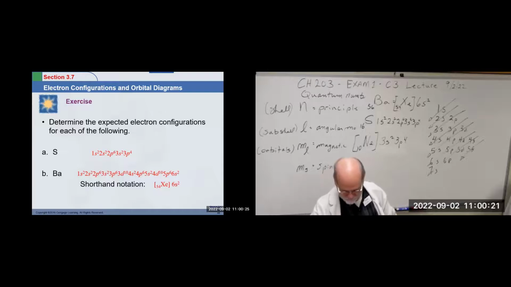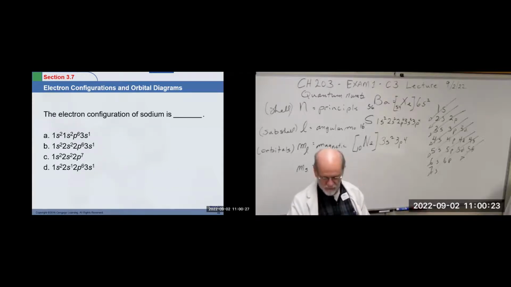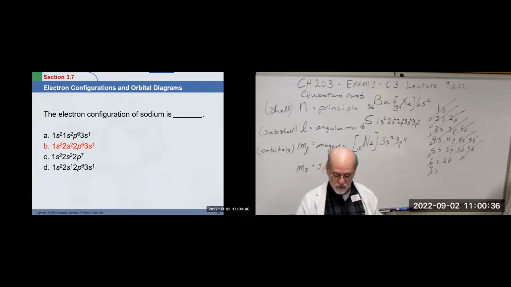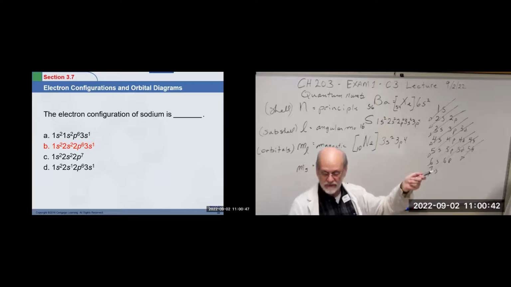Okay, there's the full, and there's the abbreviated shorthand notation. Let's see. I'm going to have to skip that one. There it is. That's sodium. And notice which orbital is being filled at sodium? The s orbital, 3s1. Look at sodium. It's in the first column.